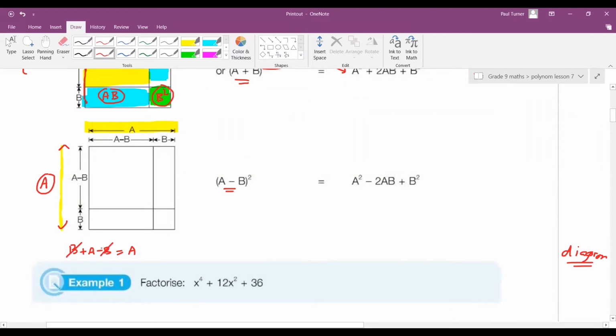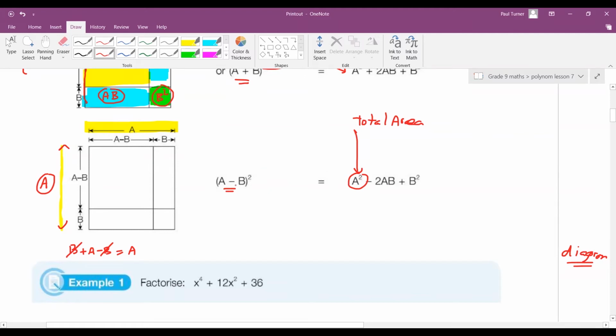Because the b will cancel. So if we add these two lengths, we'll get a. So this total square is a squared. That's this one here, the total area of the whole square, the big square, including the rectangles and the small square.